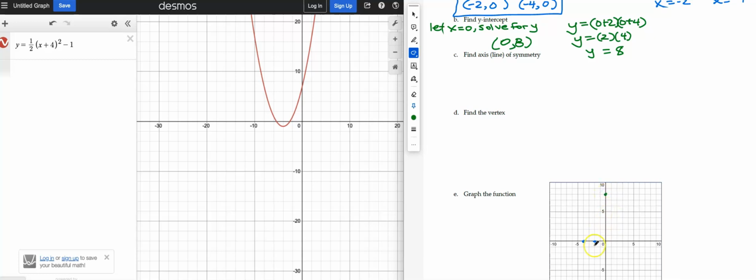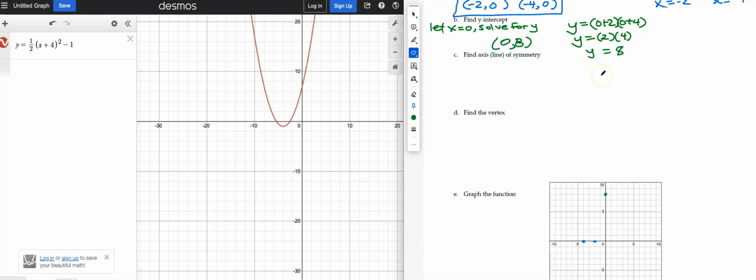Now we want to find the line of symmetry and the vertex. This is different because before, in vertex form, we could find the vertex really easily, and the line of symmetry corresponded with that x coordinate. But this time, we're going to have to do something a little different. Since a parabola is symmetric, the points are exactly the same distance away from each other.